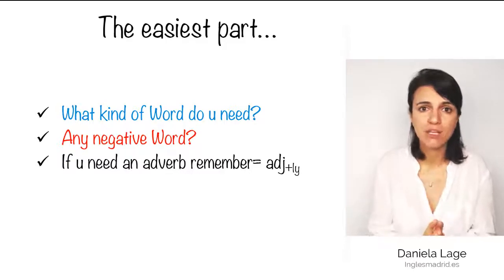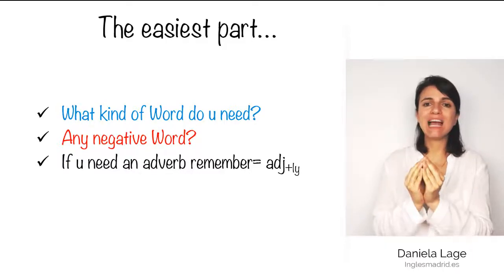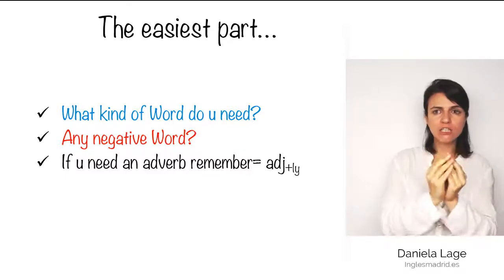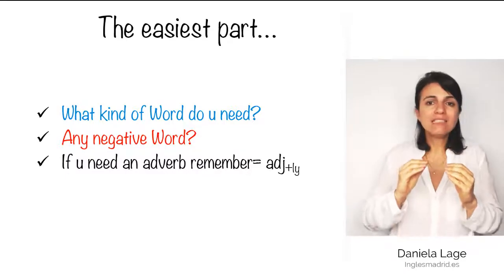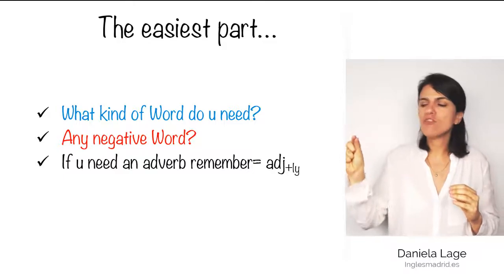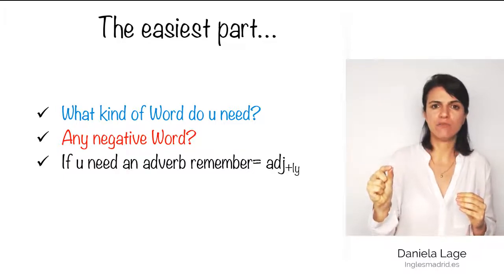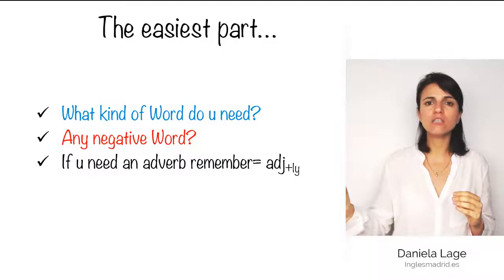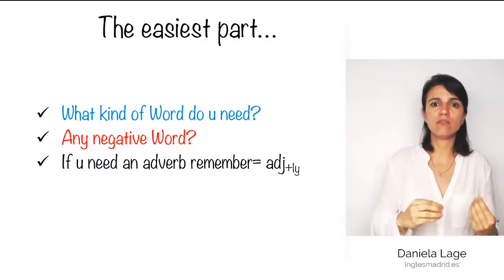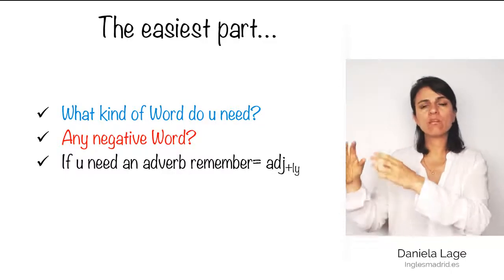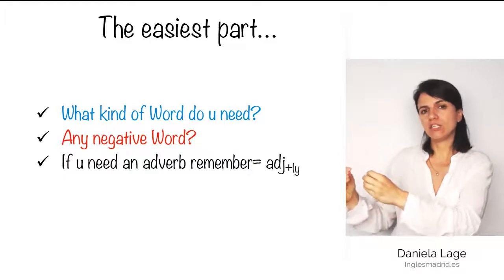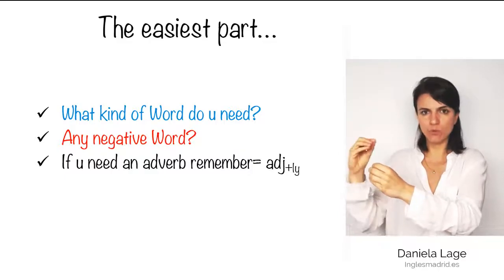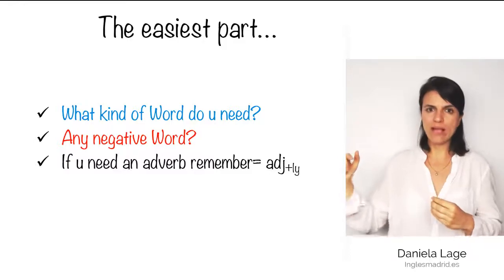Most of them. So how do we make an adverb? We make it with the adjective plus ly. So pay attention. They are not going to give you the adjective if you need the adverb. They're going to give you any kind of word and you will discover that you need the adverb. So the first thing you have to do is to think, what is the adjective? And to that word, add ly.